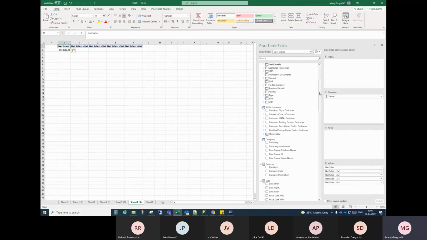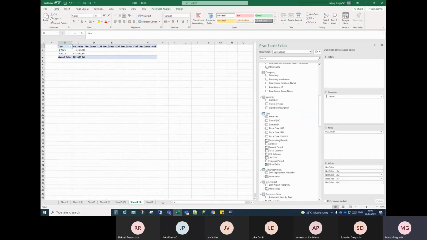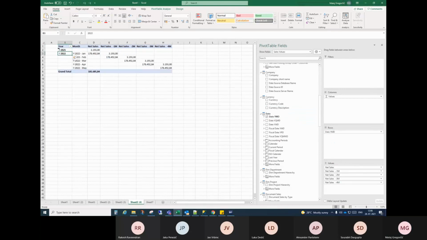Nothing showing up, but when we define the date and actually the month, it will show up. So what are we looking at right now? January 2020, we have net sales of this amount. Net sales minus 1 month will be the previous month, which is December 2021.